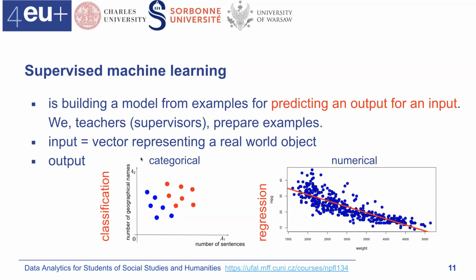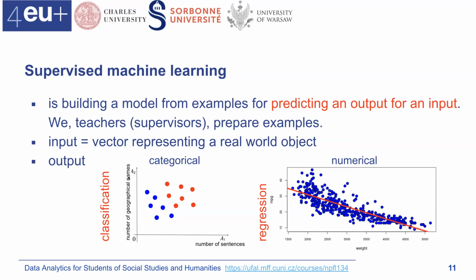And in this plot, you can see that we represent an email using two attributes or characteristics: the number of sentences in the document in an email, and the number of geographical names. Right? It is just for illustration.